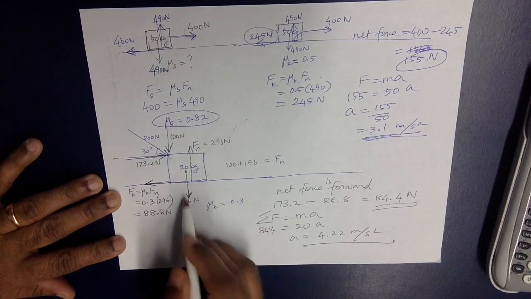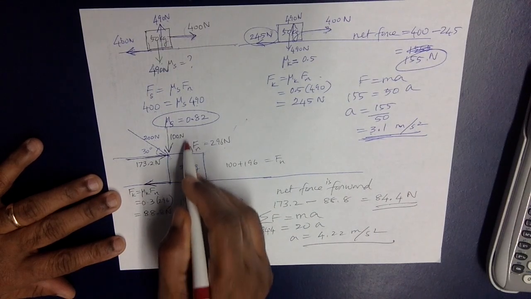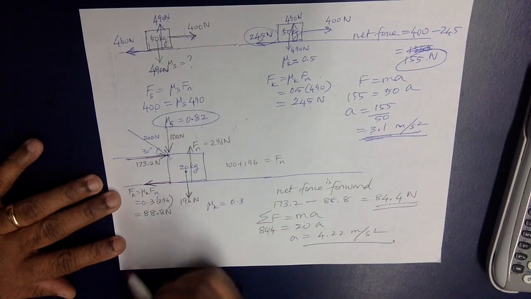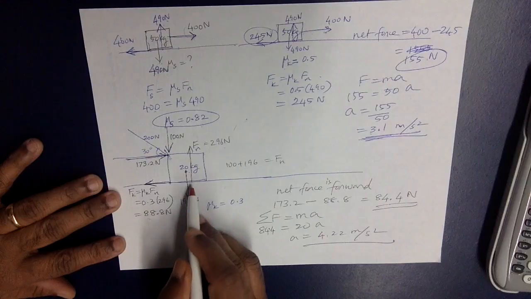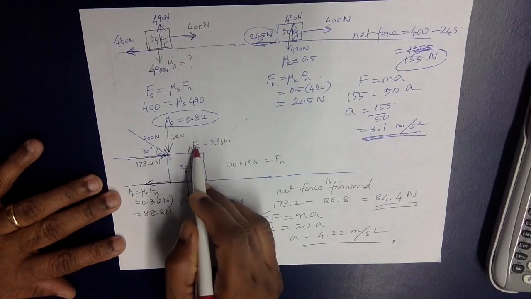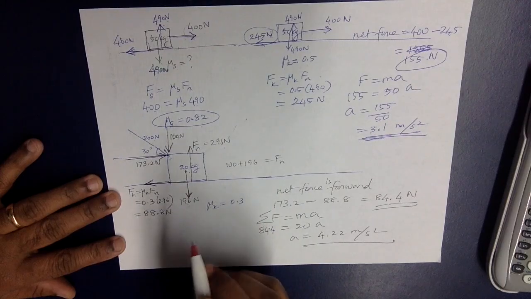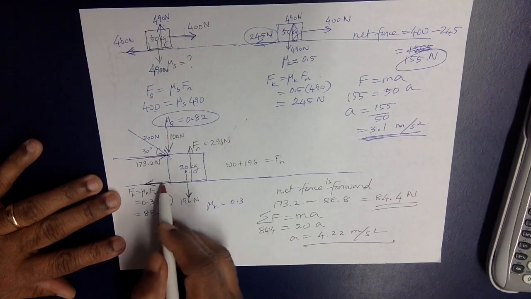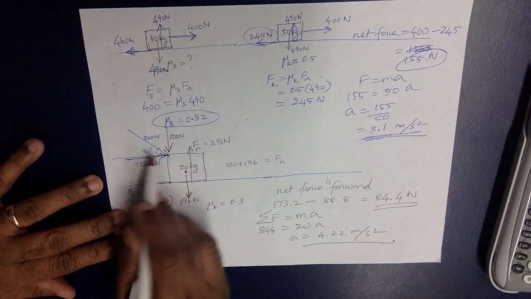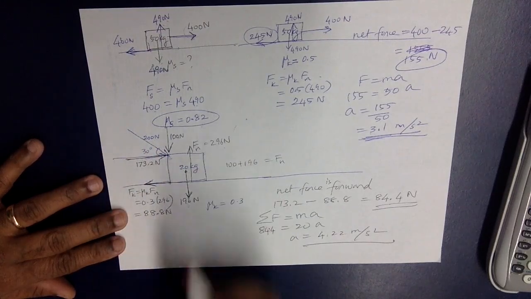So your equation is going to be 196 equals Fn plus 100 newtons. So Fn will turn out to be only 96. And then the friction has to be calculated based on the 96. So that will be the difference if you push it or pull it.